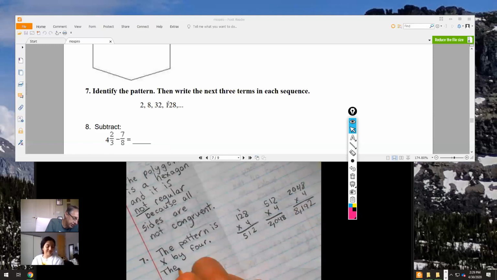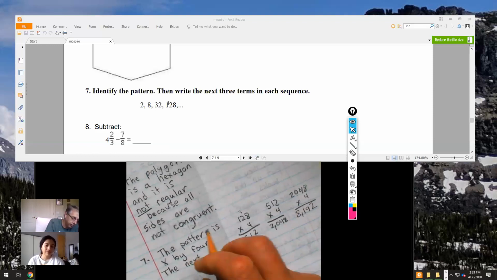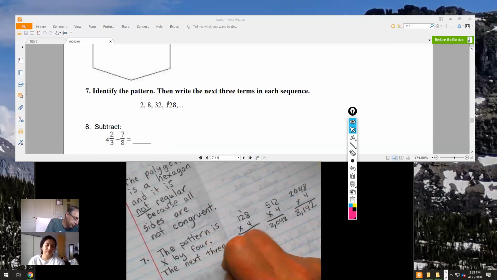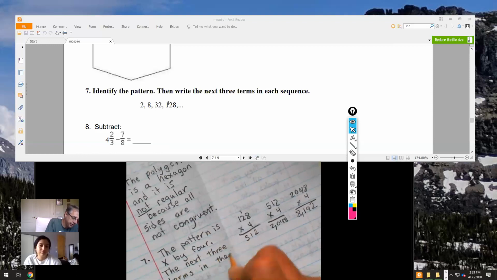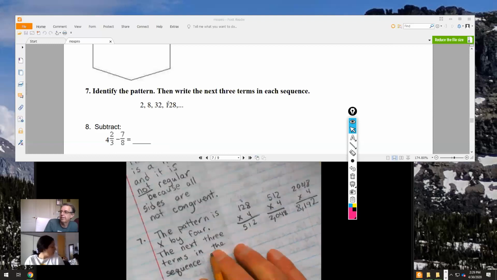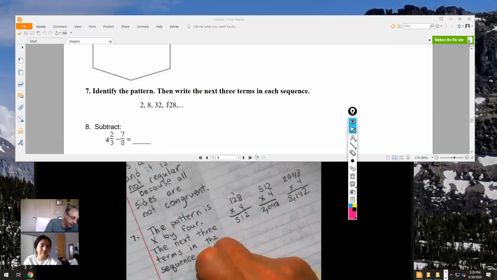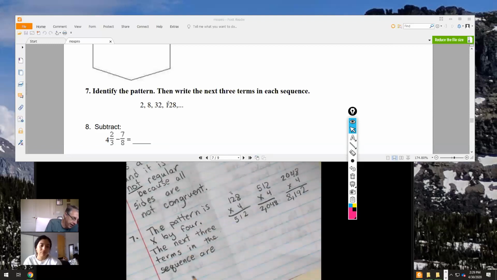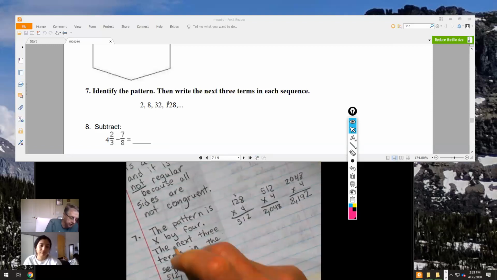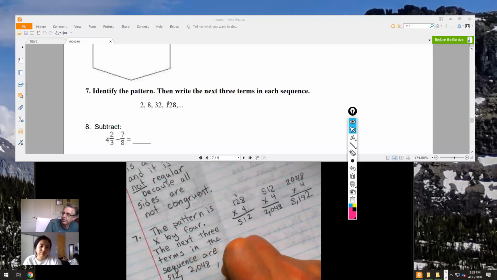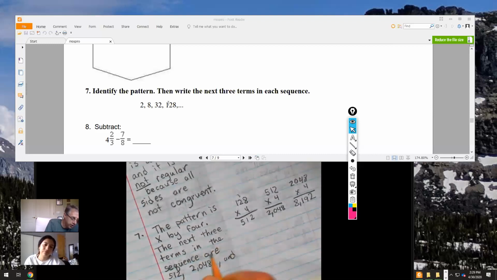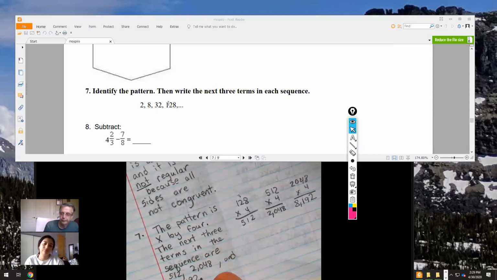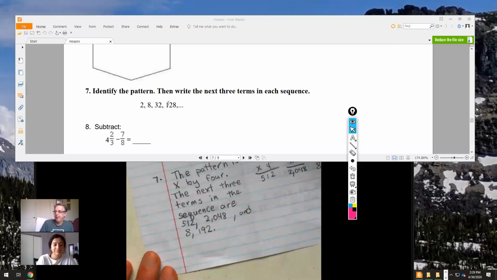So the next 3 terms, and it's great if you use the word terms in the sequence, are 512, 2048, and 8,192. All right, great. And then we have one more left.